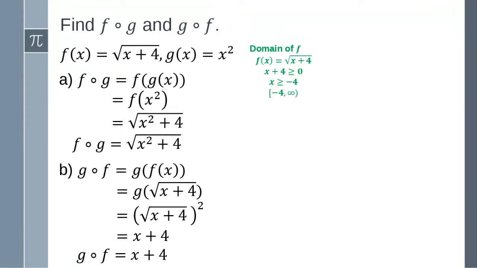So the domain of f, right away, since you have a square root, there's a really good chance that there's going to be a restriction. So to find that, we take the radicand, which is the inside. We set it greater than or equal to 0 and solve for x. So x is greater than or equal to negative 4. And so for the domain of f, the domain is going to be from negative 4 to infinity.